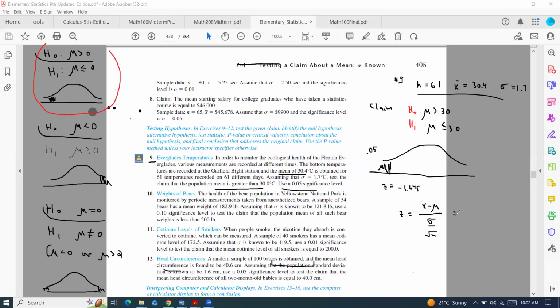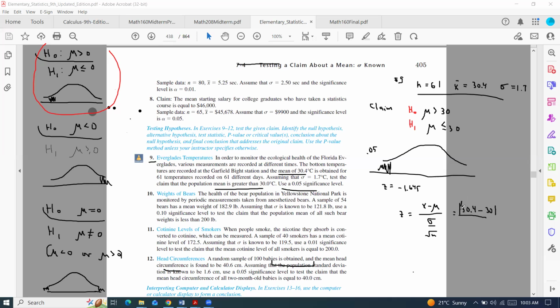So we need to use the stuff that we have here, 30.4 for the sample. Then what I need to subtract is the population mean. It turns out the only choice I have is 30. It's always coming from the hypothesis. That's one little extra fact this section is discussing.